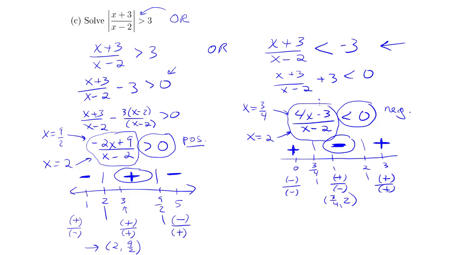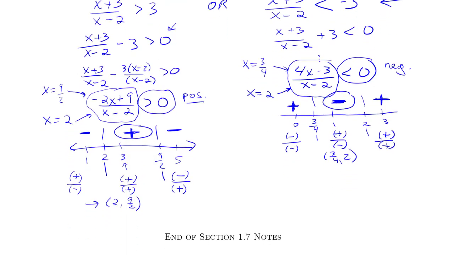Okay, so now I have to give the final solution. Let me get myself a little more room here. Basically my final solution is both of these together. Those are two separate regions. We have the 3/4 to 2 coming before the 2 to 9/2.